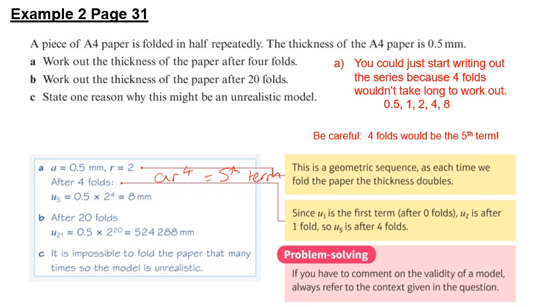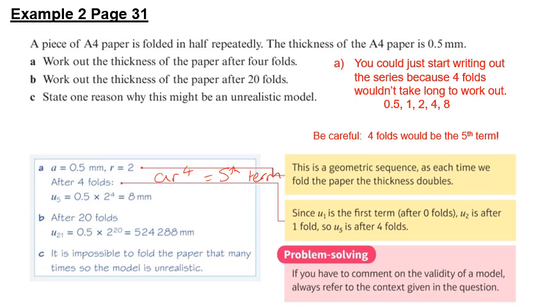And ar^4 is 0.5 times 2 to the 4, which is 8. So after 20 folds, that would be the 21st term in the sequence, and the 21st term is ar^20. So you could put in your a and your r to the power of 20.